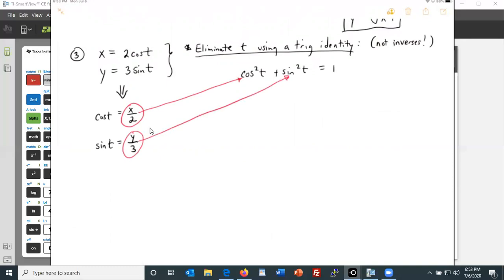But don't forget, you're going to have to square it. So the way that would look is this: x over 2 squared plus y over 3 squared equals 1. Simplifying just a touch, we get x squared over 4 plus y squared over 9 equals 1.